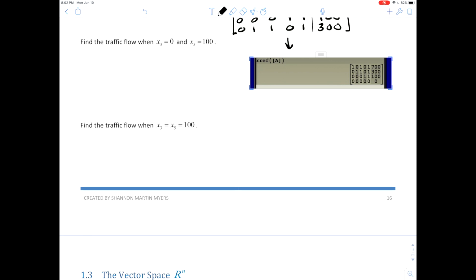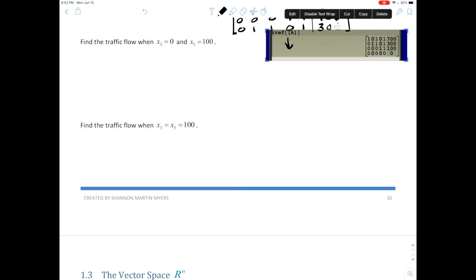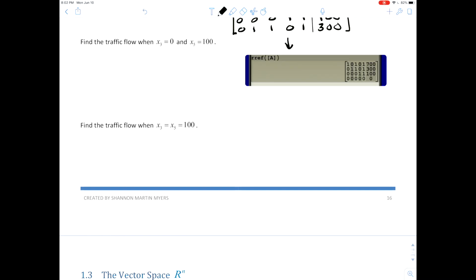So here again, I mean, we can just go ahead, we can write it in, but it's right here, right? So, okay, what does that correspond to?